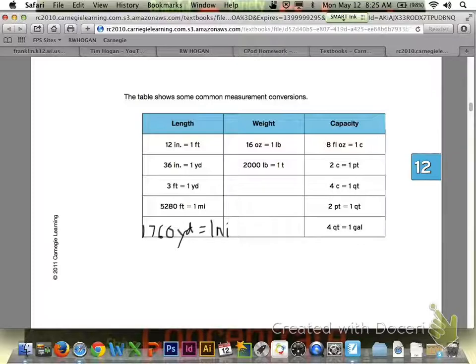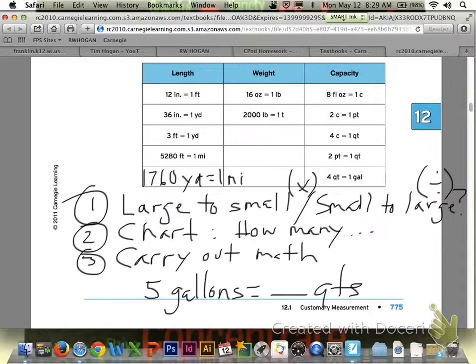So take a look at these and make sure that you refer back to this table if needed in order to convert as we move forward in problem 5. Here are some steps that I would like you to follow in order to help you convert from one measurement to another.